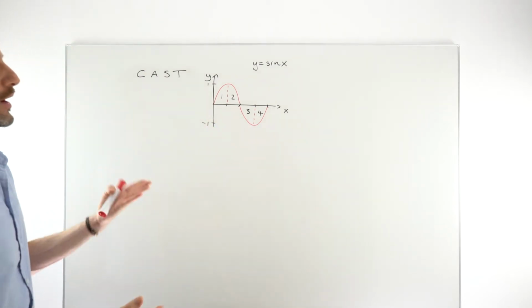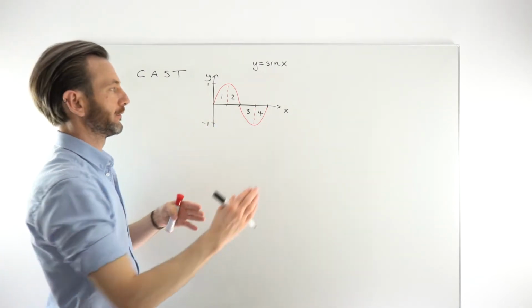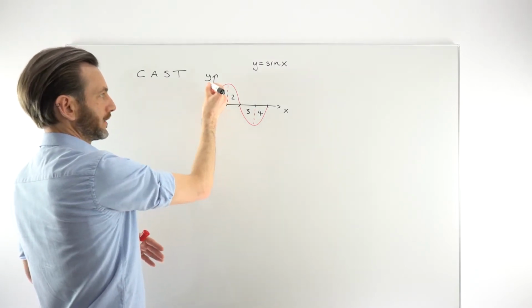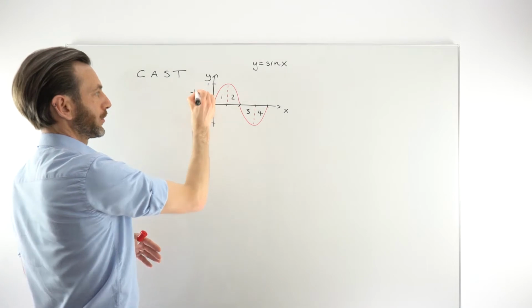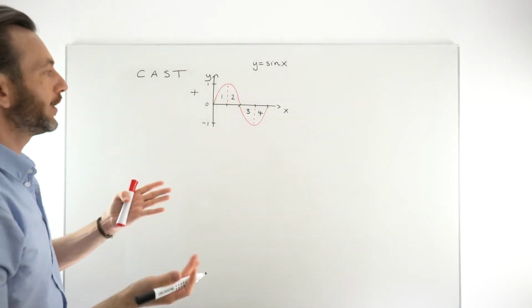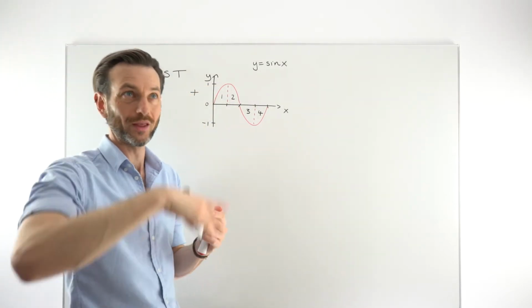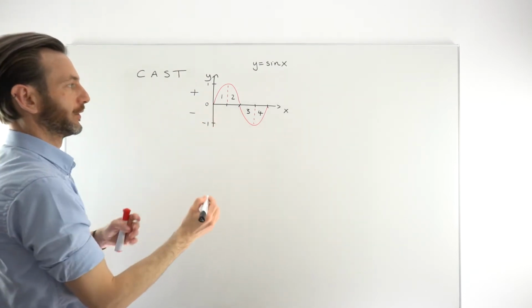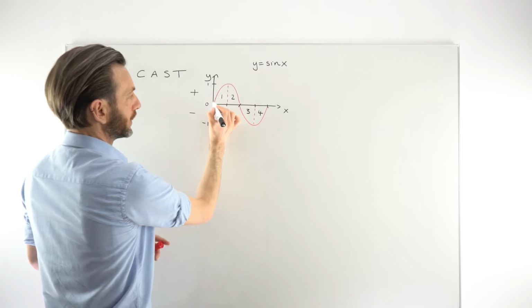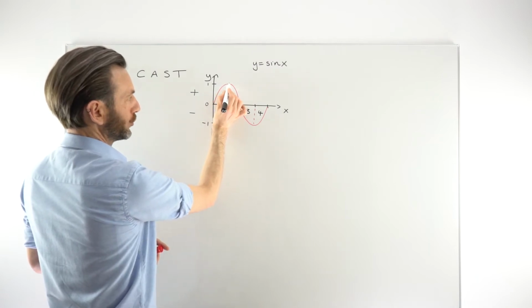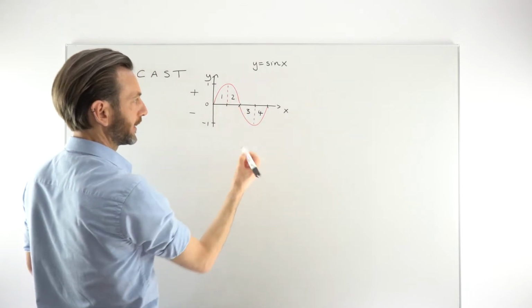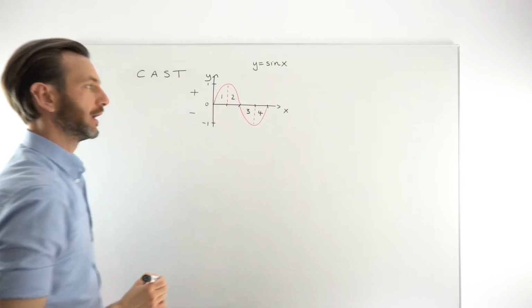When we're talking about the values of a function, everything above 0 is a positive value. The values of a function are the y values, or the up and down values. Everything below 0 is a negative value. So on the curve, these are the positive values in quadrants 1 and 2. In quadrants 3 and 4, you're below the x-axis, so these are the negative values.